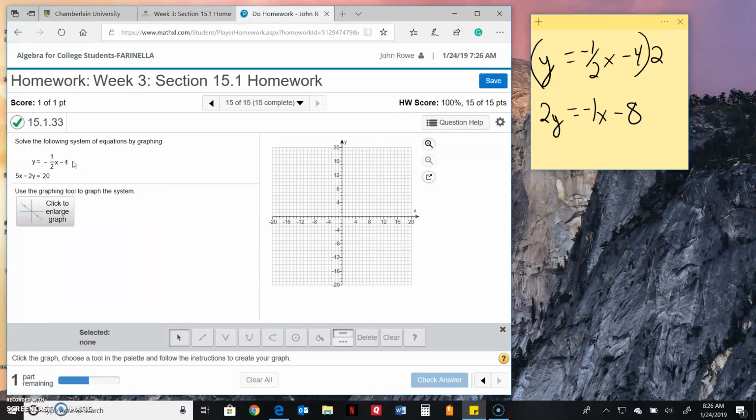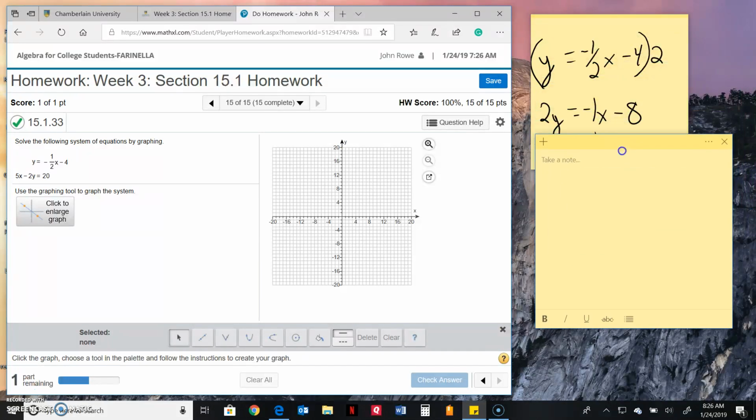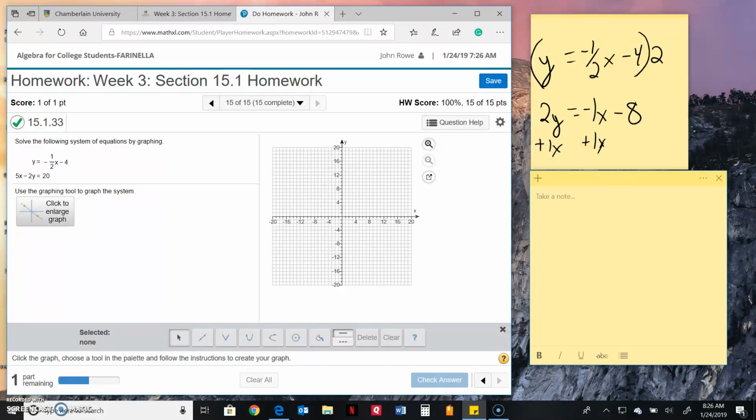To find our x-intercept, let's get x on the same side of the equation as the y. So we're going to add a positive 1x on this side and plus 1x, and that is going to leave us with 1x plus 2y equals negative 8.